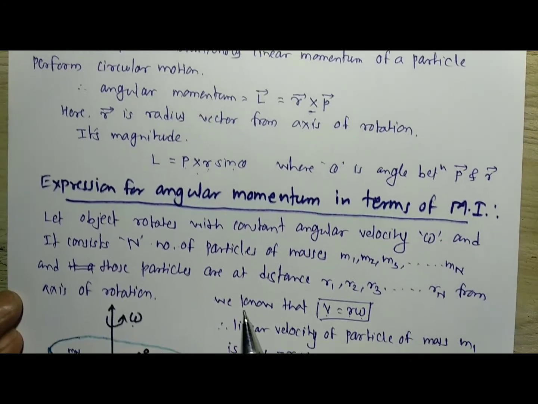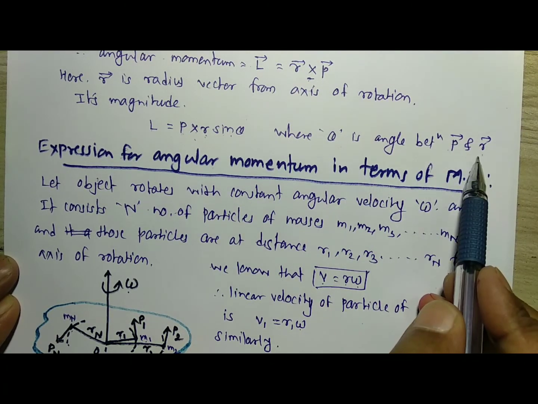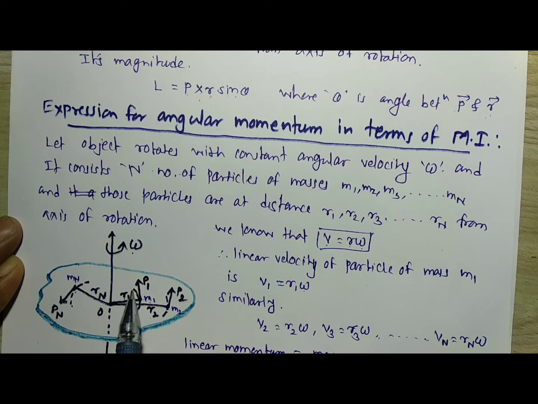Right now, first of all, we have to consider P bar and R bar. Theta is the angle between P bar and R bar. Here, R bar is nothing but this radius vector, and P bar is nothing but this vector, and the angle between these two is nothing but 90 degrees.